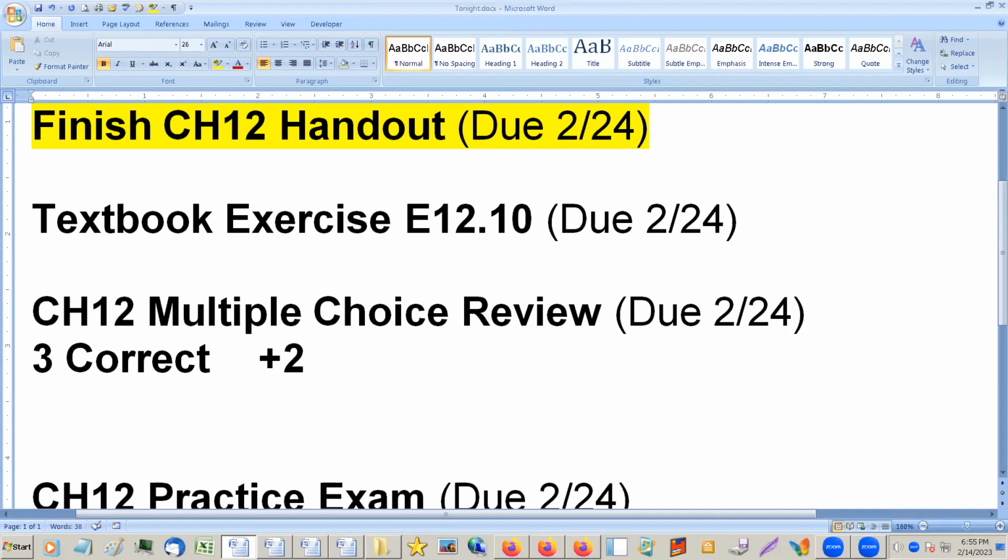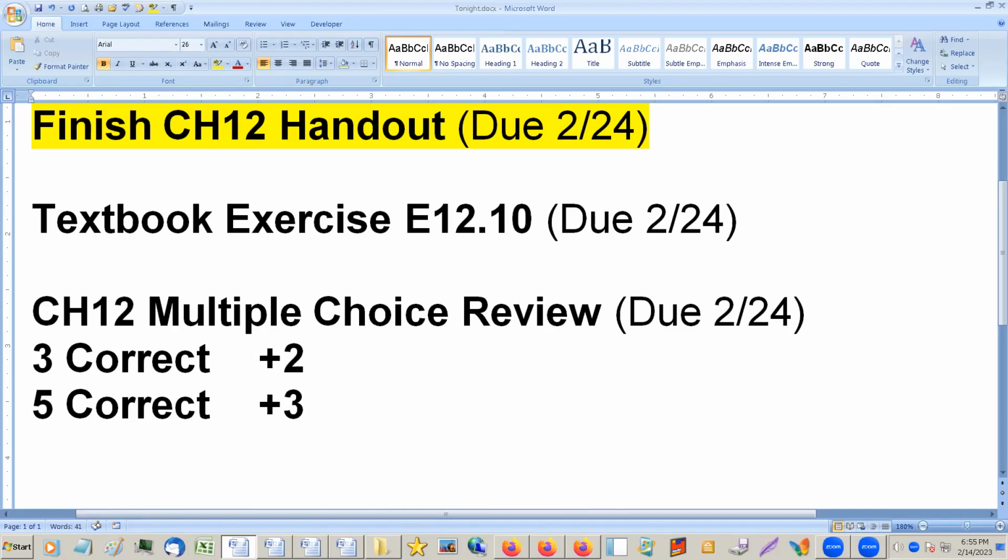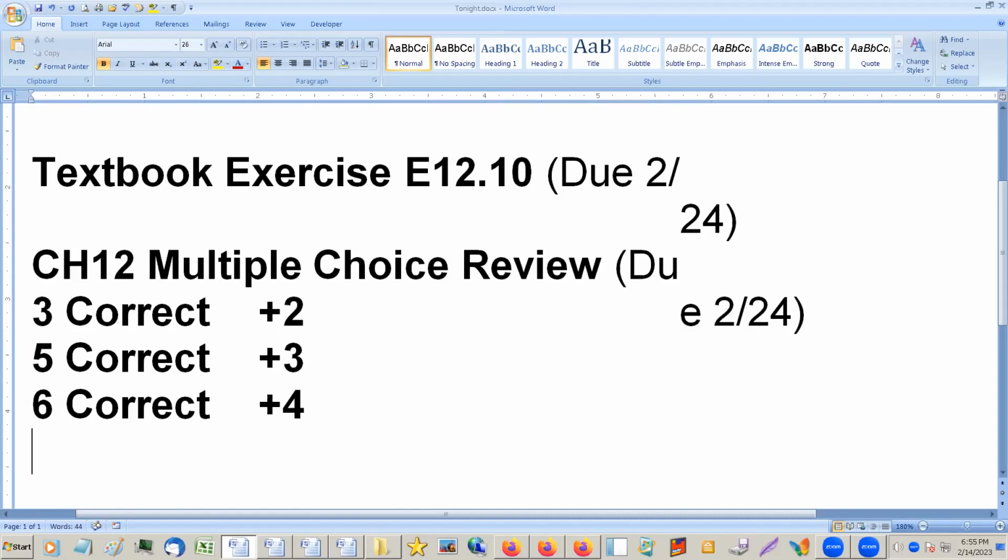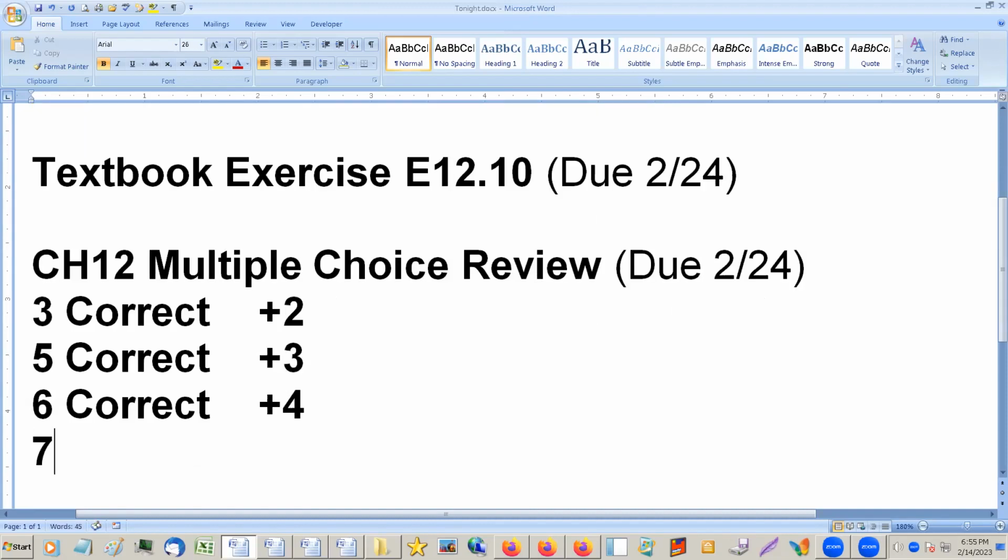If you get 5 correct, +3 added on your test. You get 6 correct, +4, and if the class gets all 7 correct, perfect score, you'll get +5.